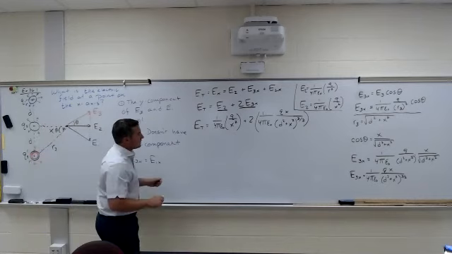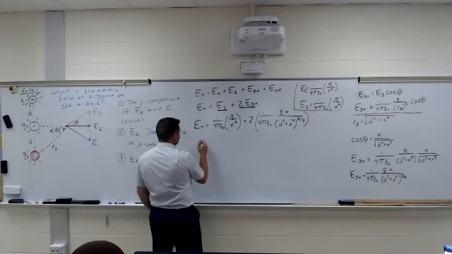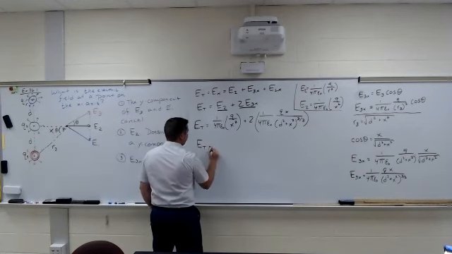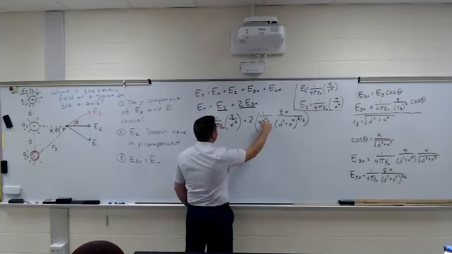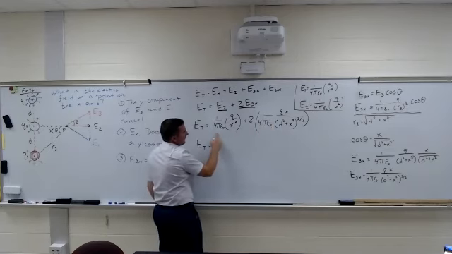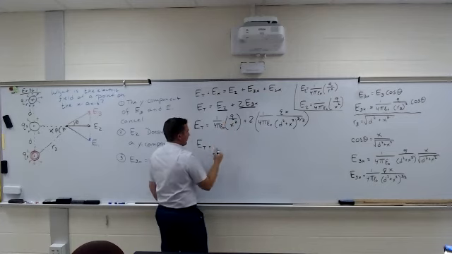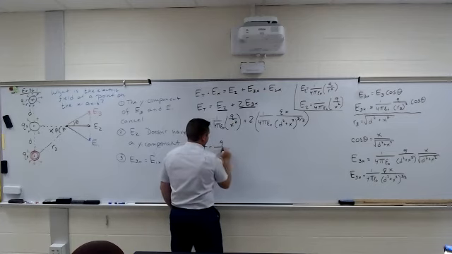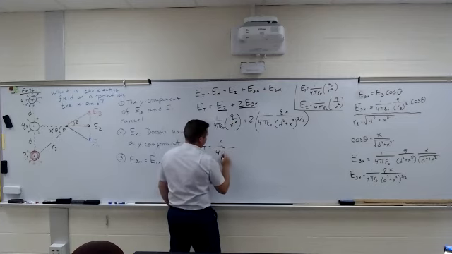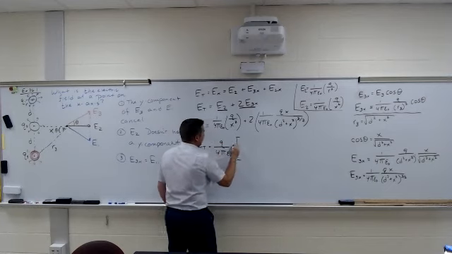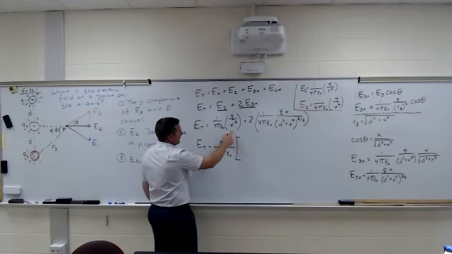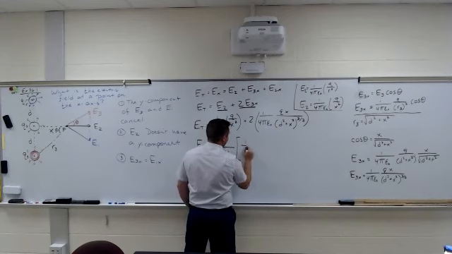All right, so I'm going to take this one more step, and we're going to have the total electric field equal to, both of these expressions have a 4 pi epsilon and a q, right? So I'm going to pull out q over 4 pi epsilon. What do we have left over here? Just the 1/x squared.